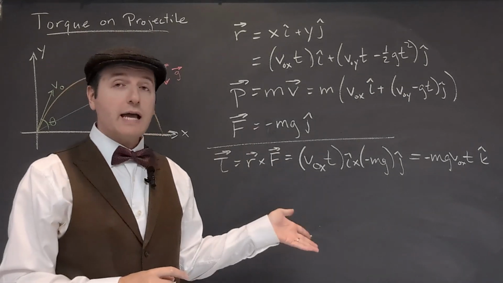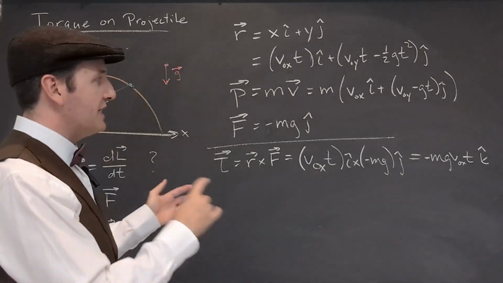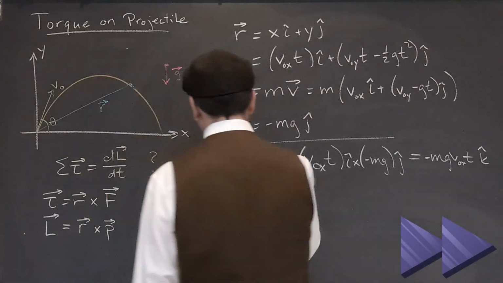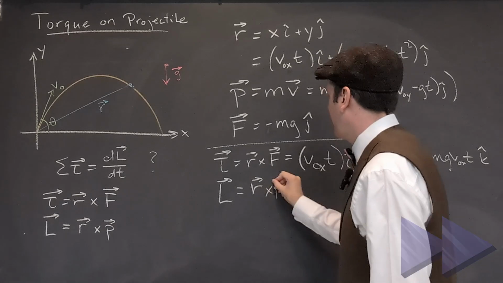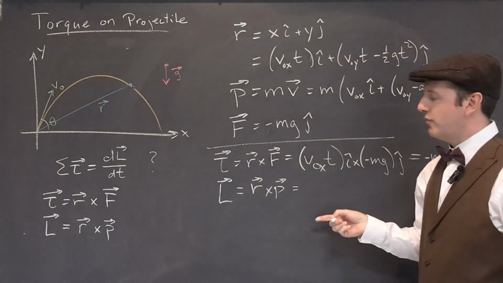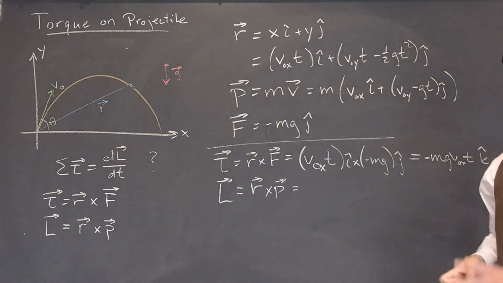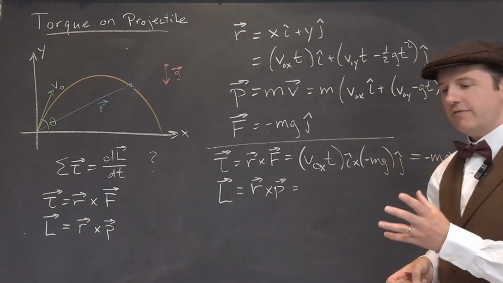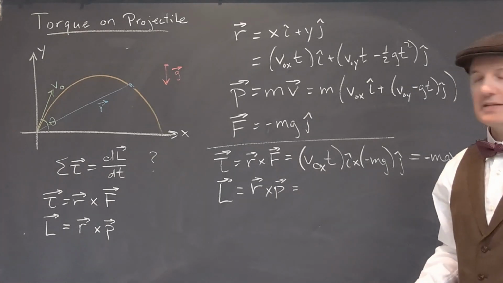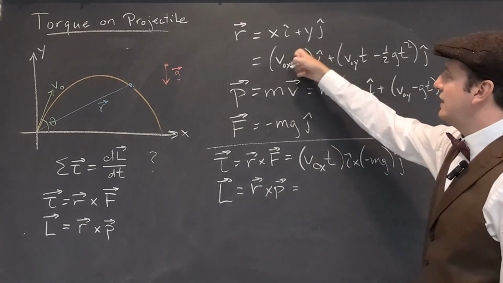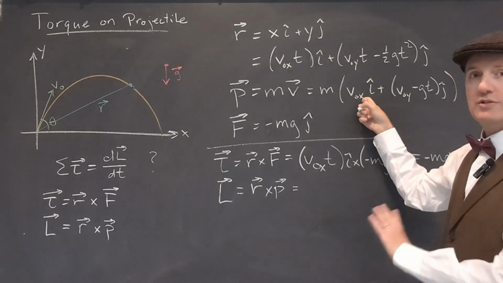Okay, now let's calculate the angular momentum, and we'll see if Newton's second law holds. All right, like before, I know that I'm going to have these two terms that I'm going to have to cross together. The cross products of any vector directions with themselves will give me 0. So when I do this cross product, I'll have an i hat cross i hat term, which is 0.